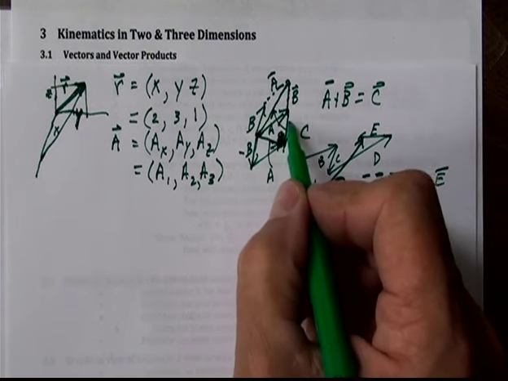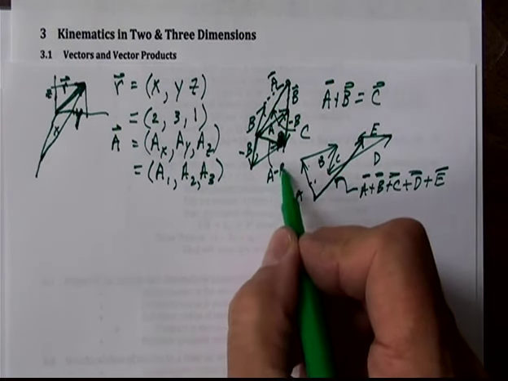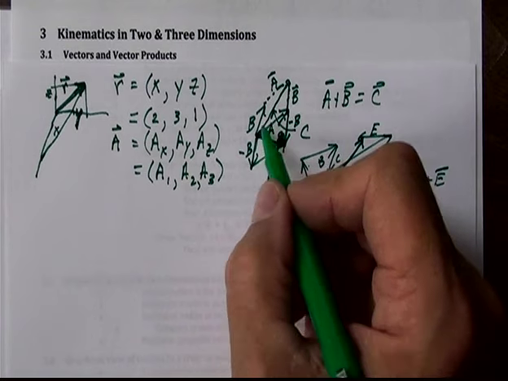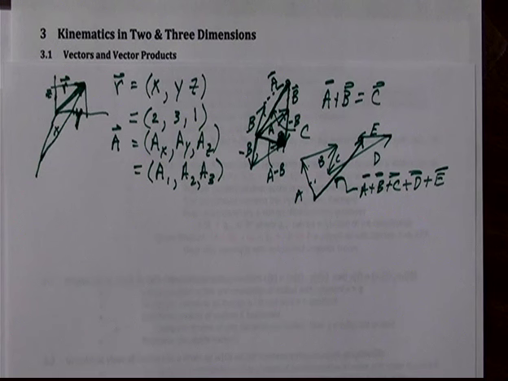I could think of it as putting minus b at the end of this one or making the parallelogram. So a minus b would be this vector here, whereas a plus b would be this vector here. So in other words, to subtract a vector, I simply create a vector that points in the opposite direction as the first one, that's the vector minus b, and then I add that vector to it.